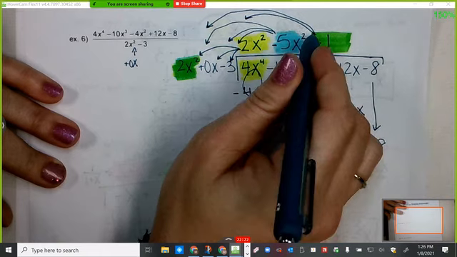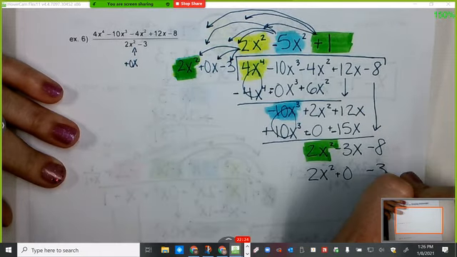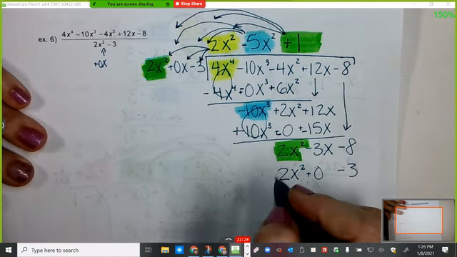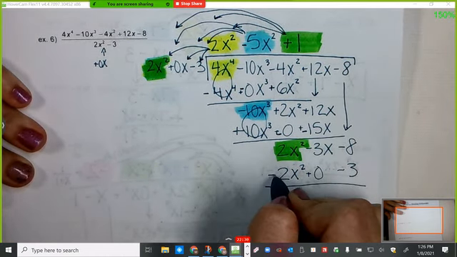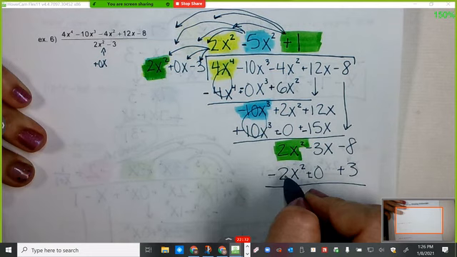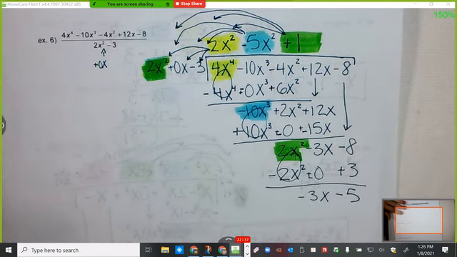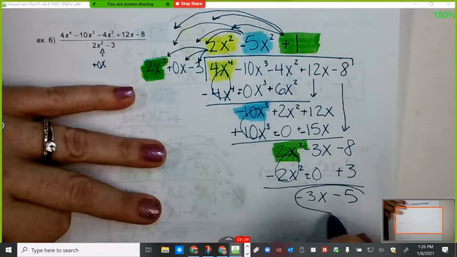And 1 times negative 3 is negative 3. Subtract, subtract, subtract. And this is going to be my remainder.